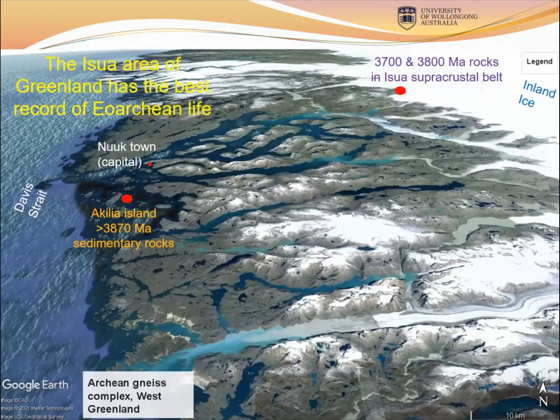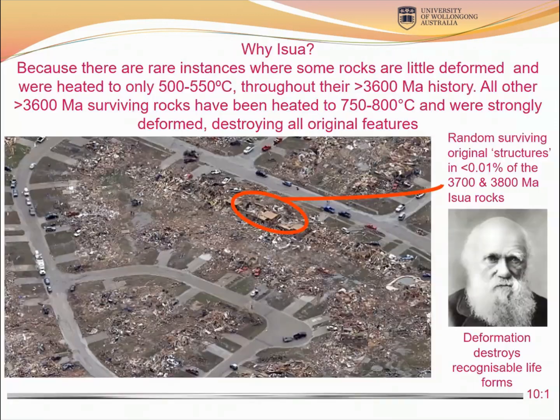So again, the Eoarchean area in Greenland has the best record of Eoarchean life. And most of it is found in the 3,700, 3,800 million-year-old rocks of the Isua supracrustal belt, but some also come from out on the coastal region there.